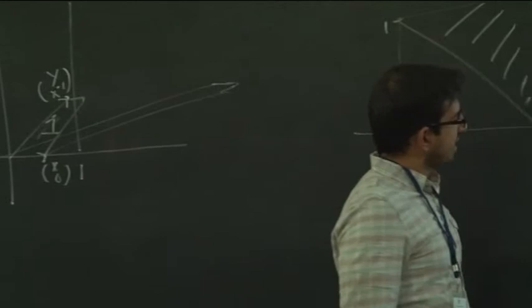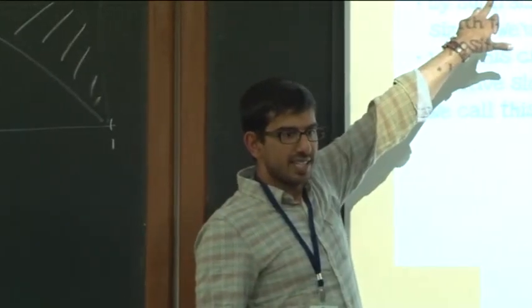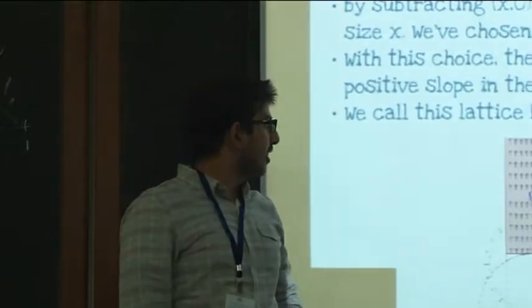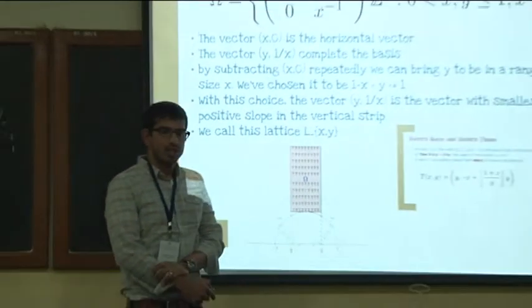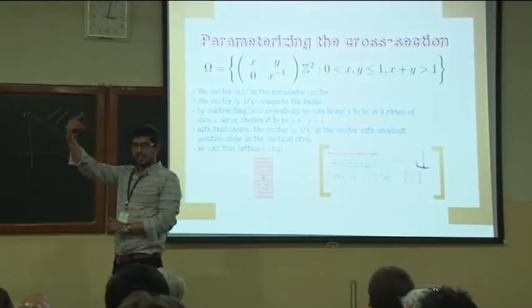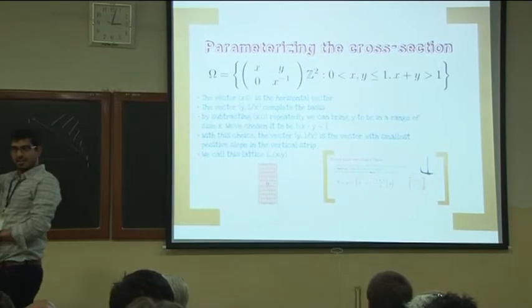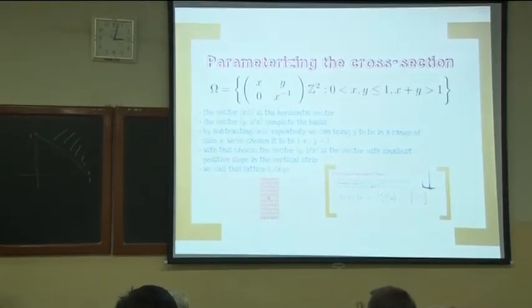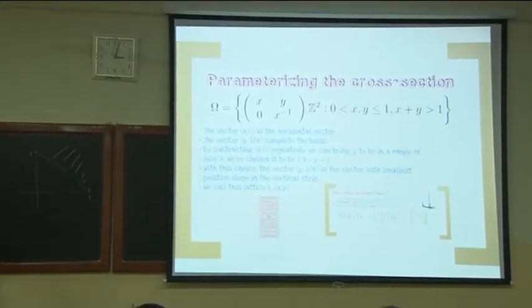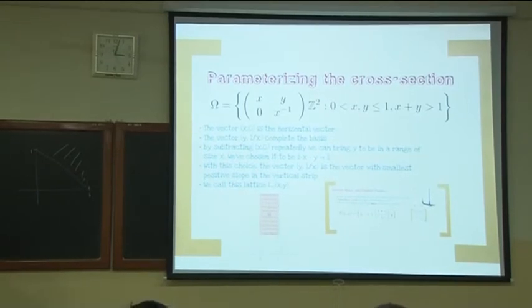So if I call this lattice Lxy, the lattice up here, here is a crucial observation. Lxy comes back to this set at some point. It comes back, in fact, in exactly time 1 over xy.